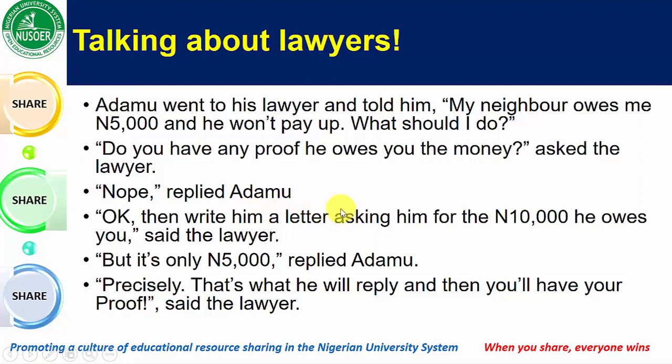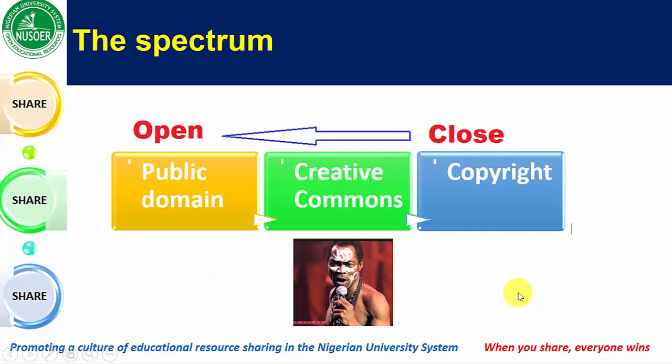The lawyer then told Adamu, you write him a letter asking him for the 10,000 naira that he owes you. Adamu said, look, my friend, the man owes me 5,000 naira. How should I write him that kind of letter? The lawyer said, yeah, precisely. That's what you should do. Then when he replies that, oh no, I don't owe you 10,000 naira, I only owe you 5,000 naira, that is the proof that you want.